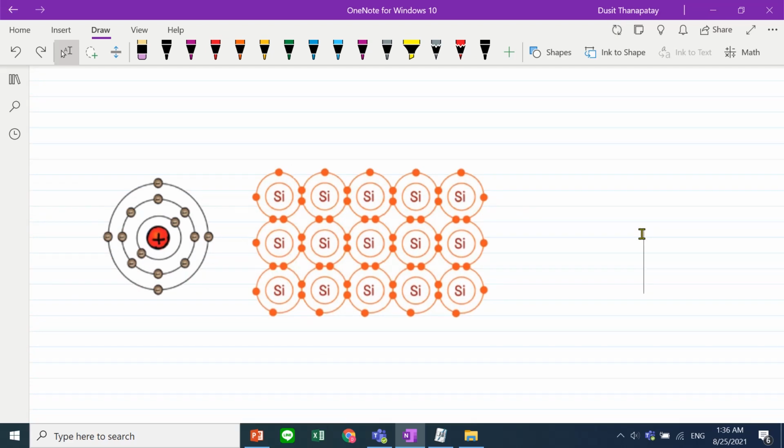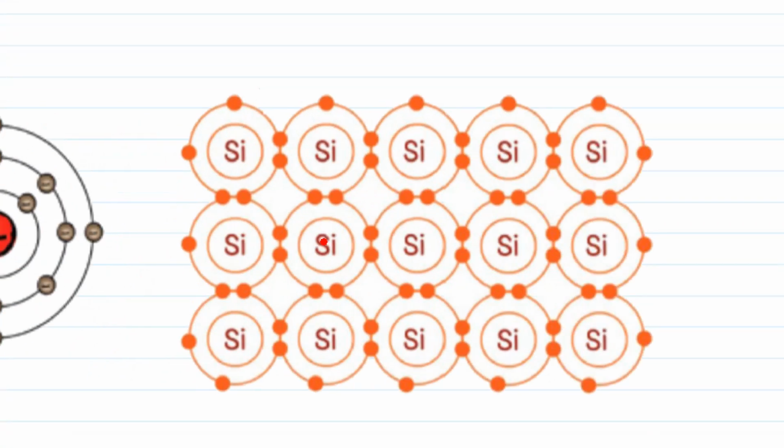That means in a silicon crystal, after bonding with other silicon atoms, there are 1, 2, 3, 4.